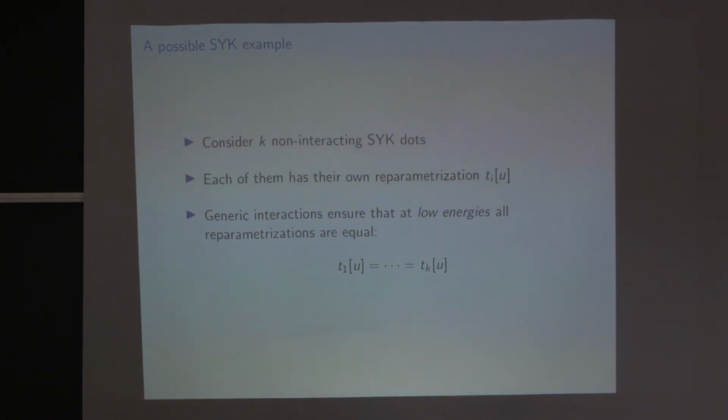Whatever interaction you add, it will introduce a quadratic potential for the reparameterization, so at low energies they are forced to be equal. This happens even if you don't have a semi-classical dual. You can just imagine two separate disks and add some hopping interaction between them, and even in this case the time will synchronize in some sense. But I don't really know what to make of this.